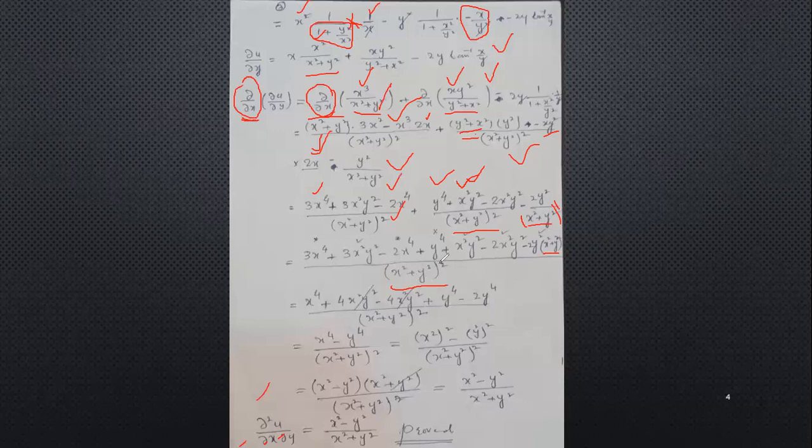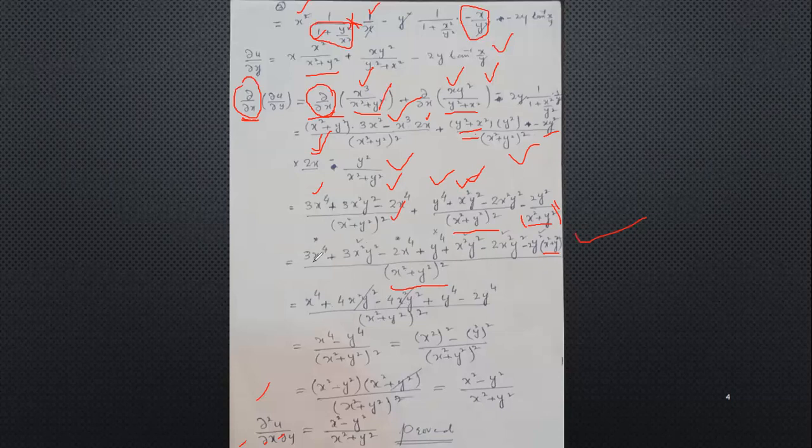So the 1 power will vanish from the denominator, but the remaining 1 power we multiply with minus 2y square. After simplification of this term, we get x raised to power 4 plus 4x square into y square minus 4x cube into y square plus y raised to power 4 minus 2y raised to power 4, divide x square plus y square whole square.